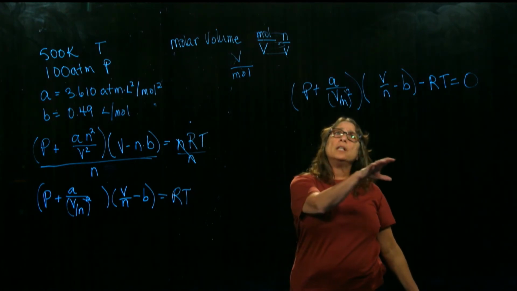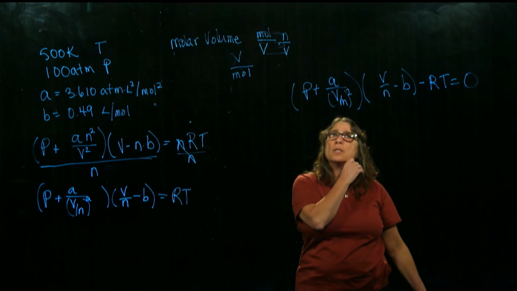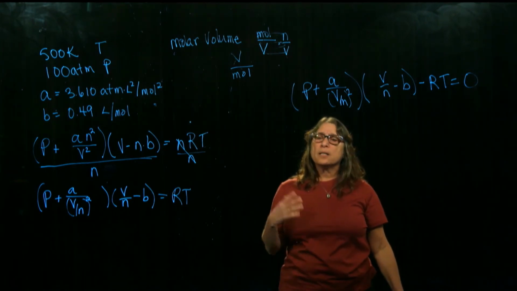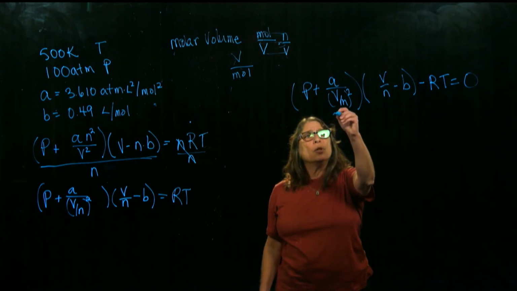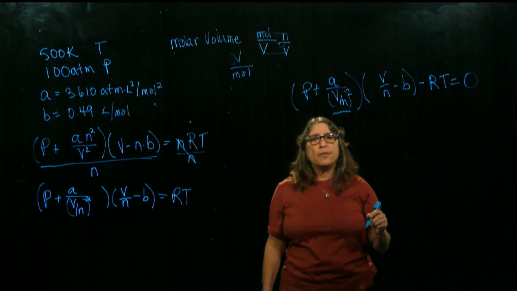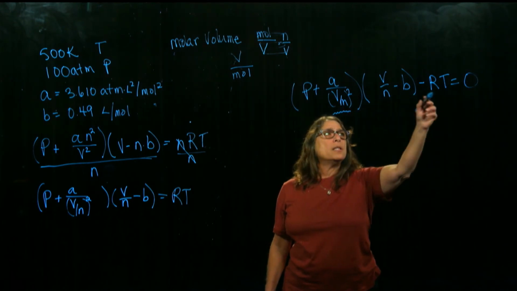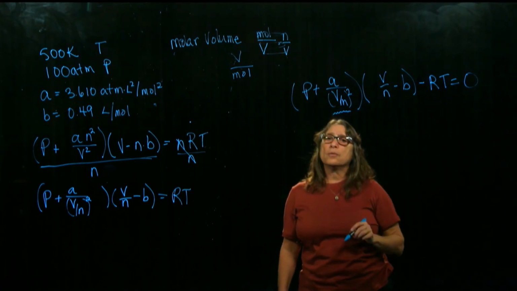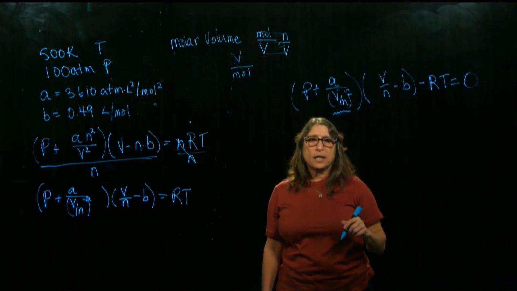And so I can either leave it this way or I can cross multiply these terms. I think I'll just leave it this way because I can calculate that in Excel, and I am looking for a value of V divided by N so that when I put this in, it's going to be equal to 0. And the easiest thing to do in this particular case is solve it by guessing and checking.